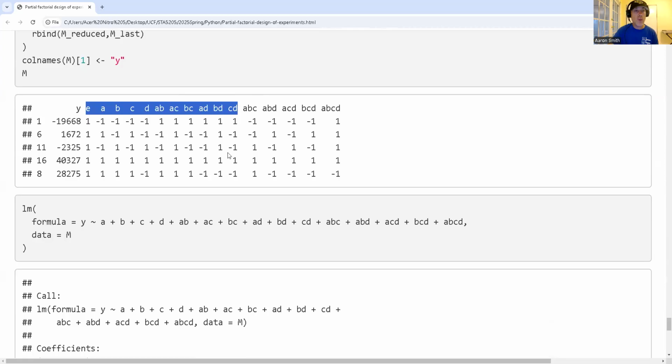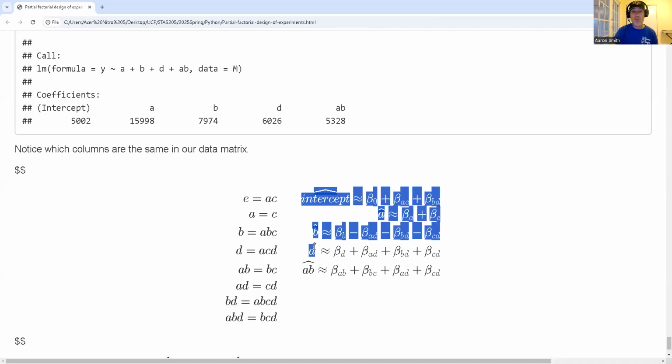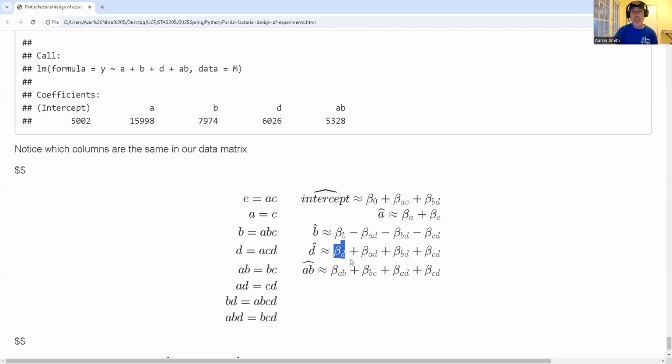Actually, these columns include the intercept. Always include the intercept. I can see that my approximation of the intercept is giving me beta naught, the intercept value, plus these two interactions. The coefficient for A is giving me the coefficient of A plus the coefficient of B. Coefficient of B is giving me the coefficient of B plus interactions. Coefficient of D is giving me the coefficient of D plus interactions. And my one interaction term is a combination of interactions.